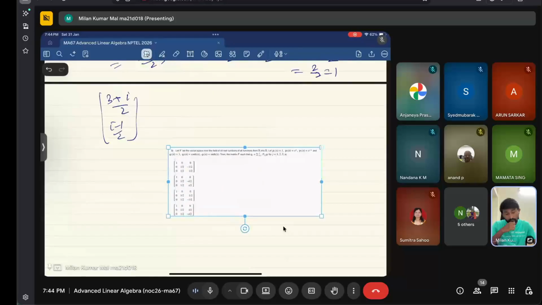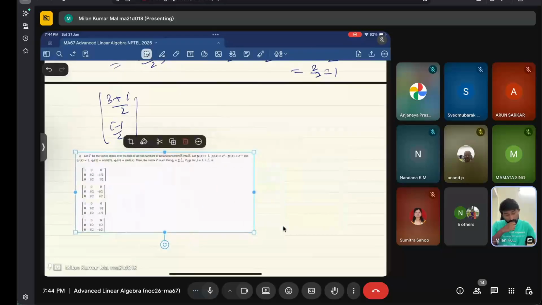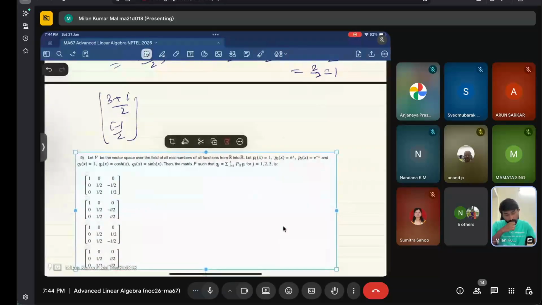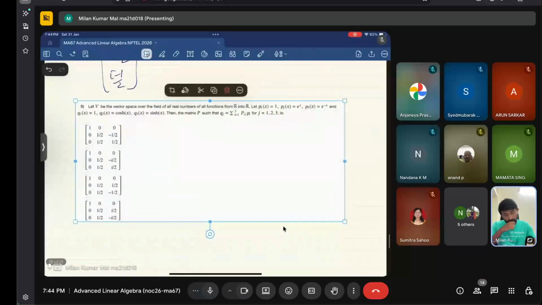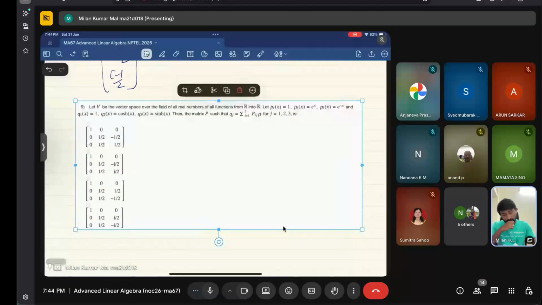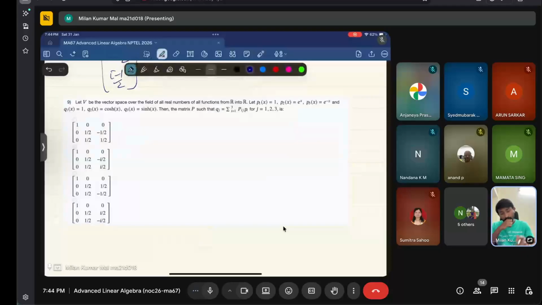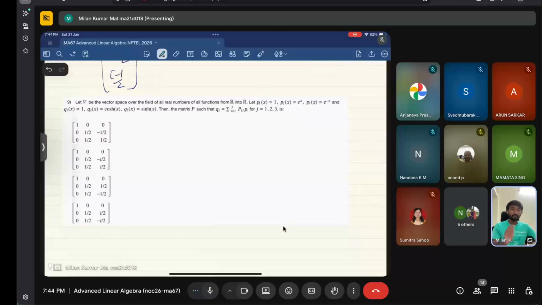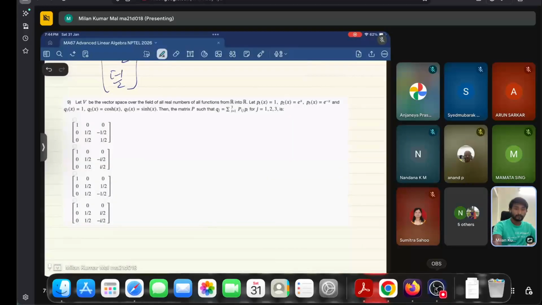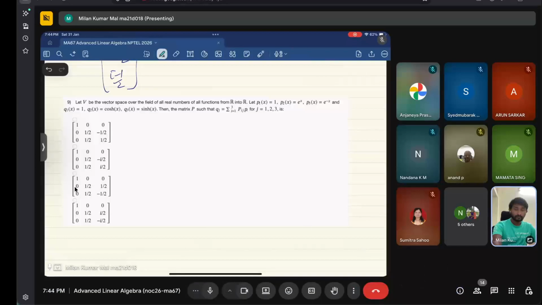Otherwise, I'm going to the next problem. I hope it's clearly visible. Okay, so I'm going to the next problem.